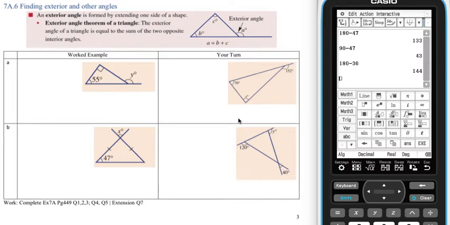Well, what is the exterior angle theorem? Well, it looks like this. The exterior angle theorem works like this. If you get given an exterior angle to solve, so I've just highlighted that in green, and you want to go, okay, what's that exterior angle?